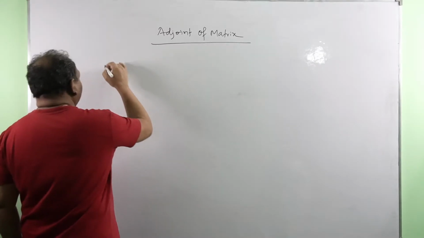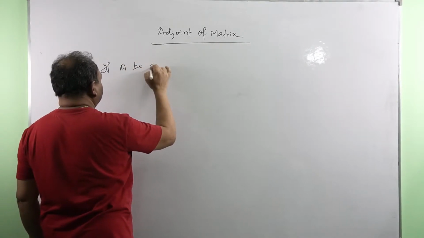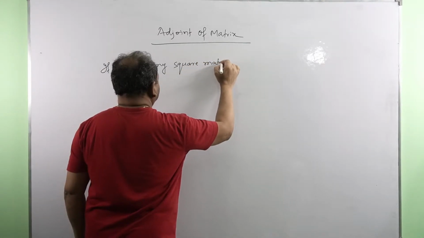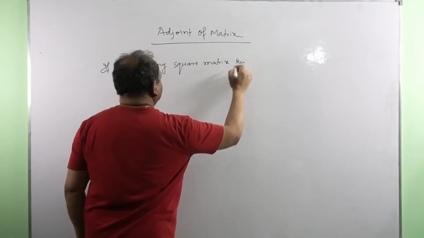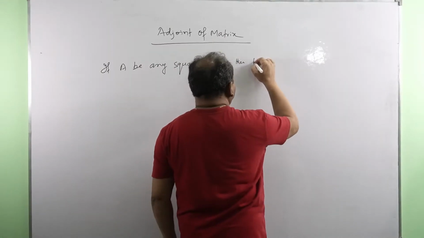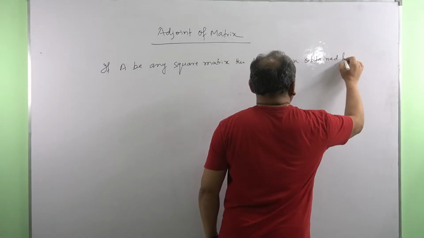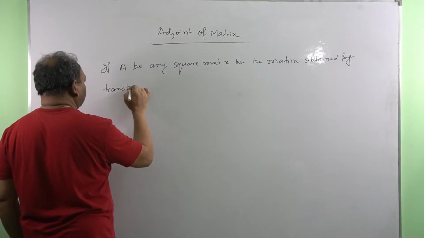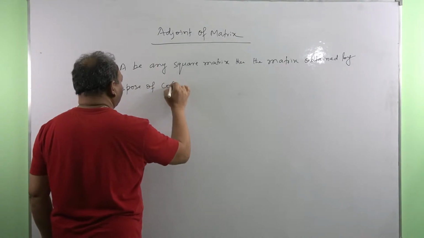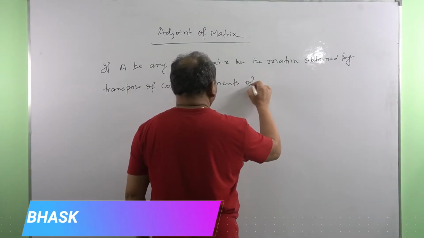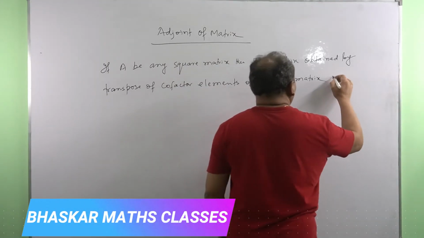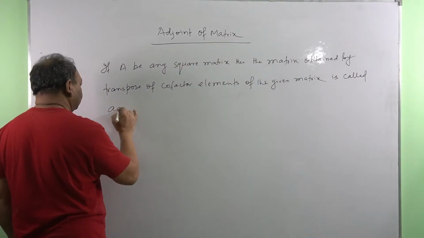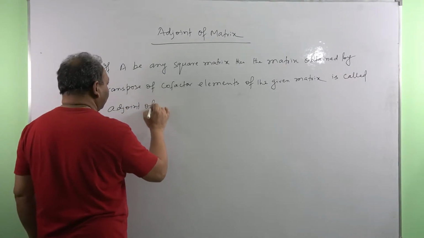Adjoint of matrix. If A be any square matrix, then the matrix obtained by transpose of cofactor elements of the given matrix is called adjoint of matrix.